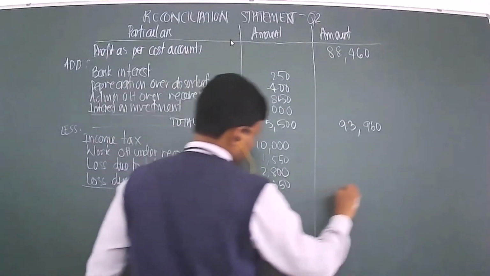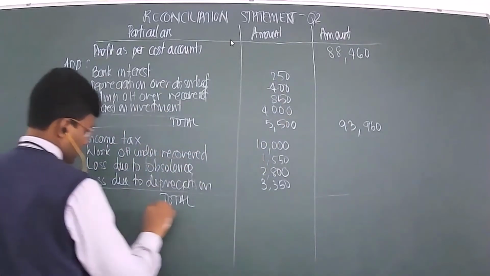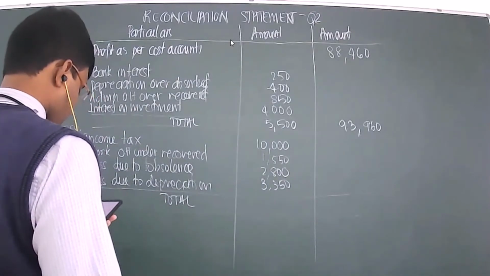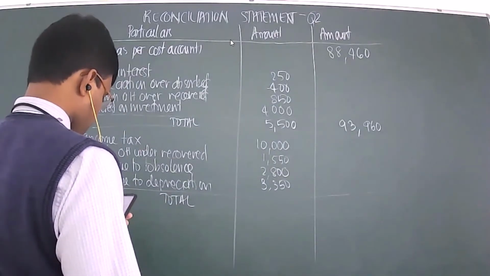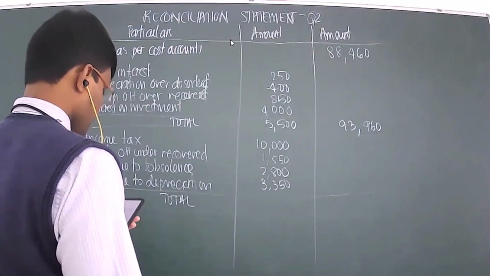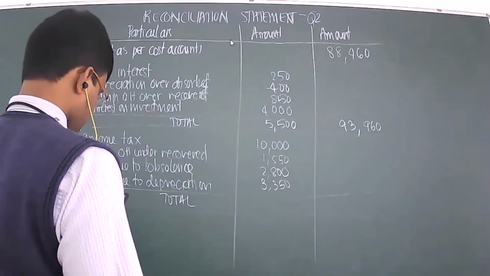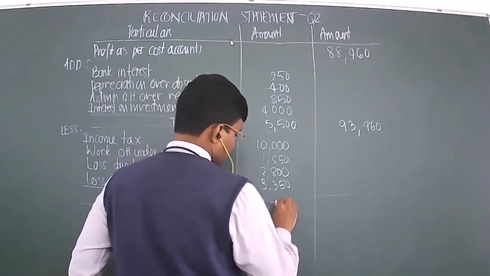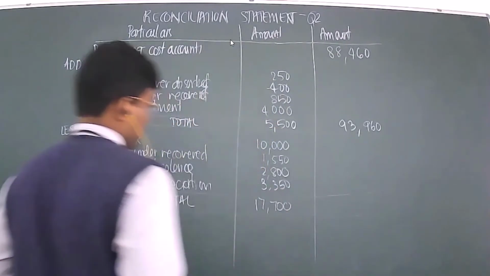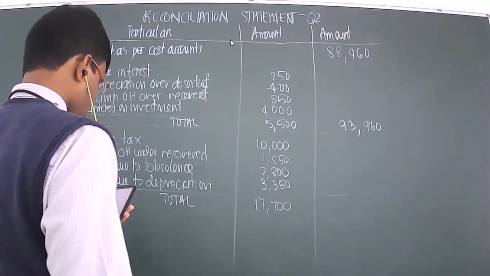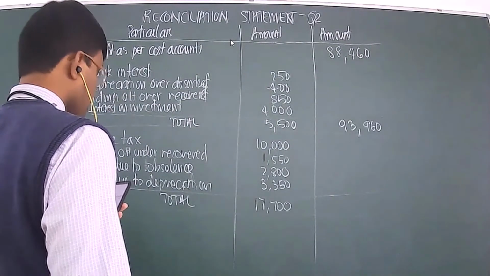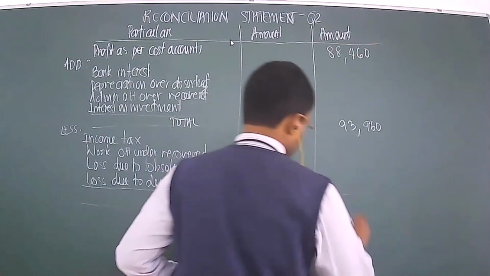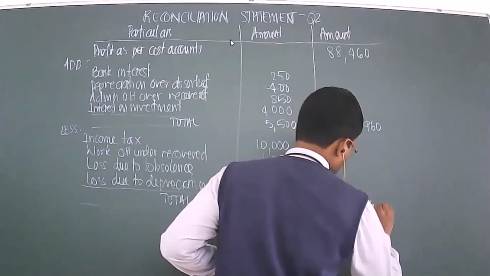So, 10,000 plus 1,550 plus 2,800 plus 3,350 works out to be 17,700. If you subtract this from 93,960, it works out to be 76,260.